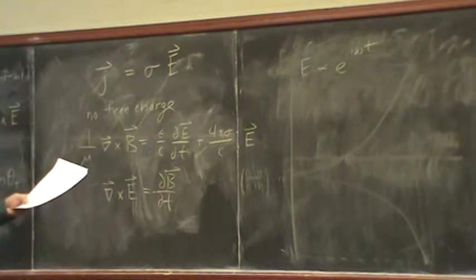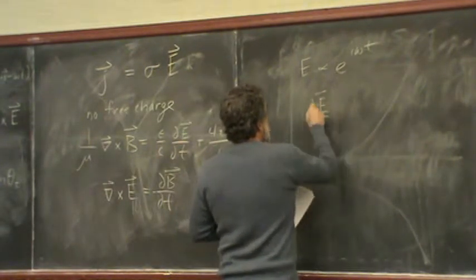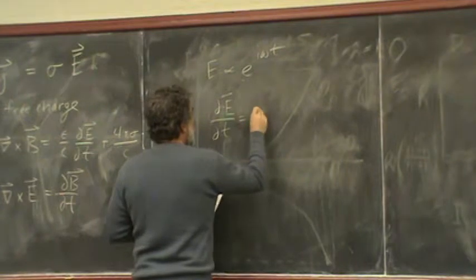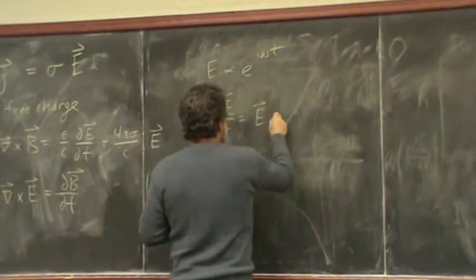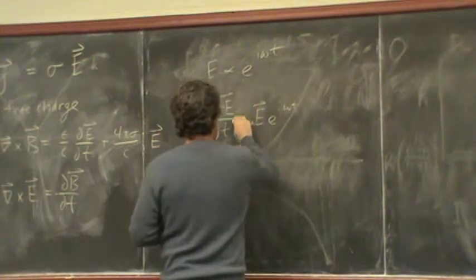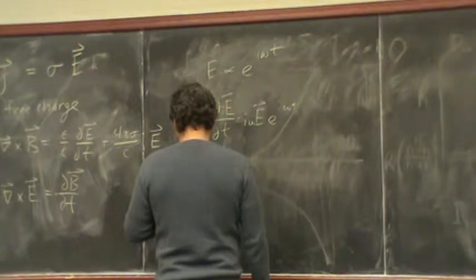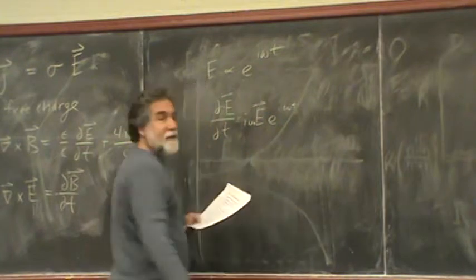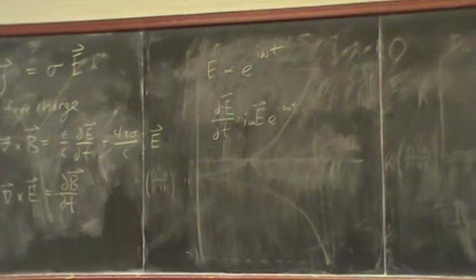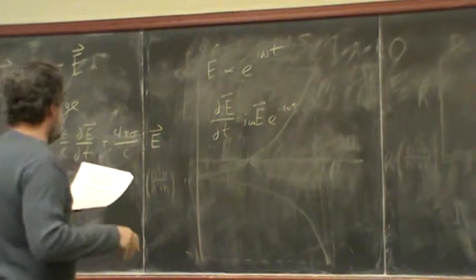So then dE dt is e to the i omega t, and I've got to have an omega and an i. Good enough. I'm probably going to lose a minus sign in here somewhere.